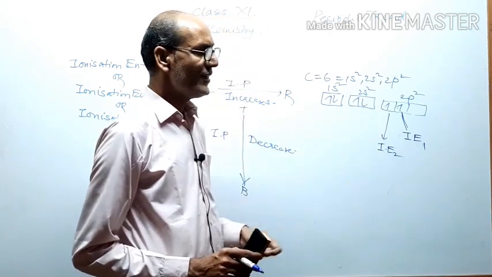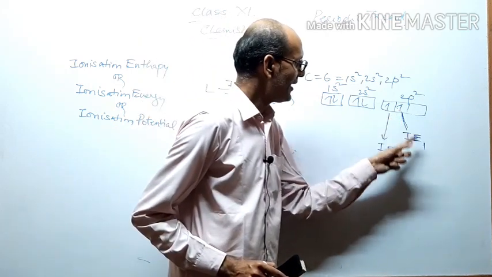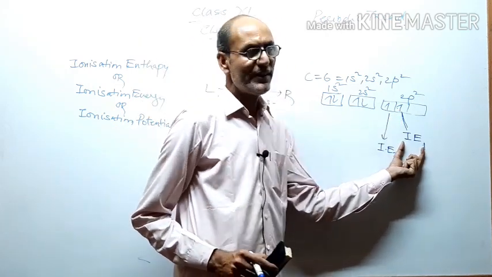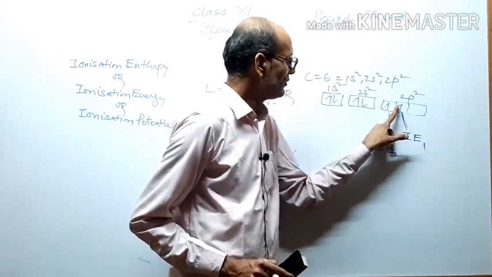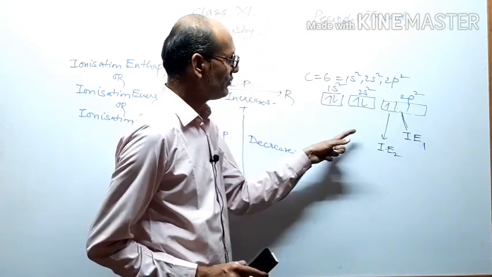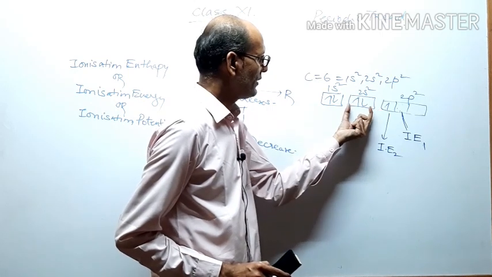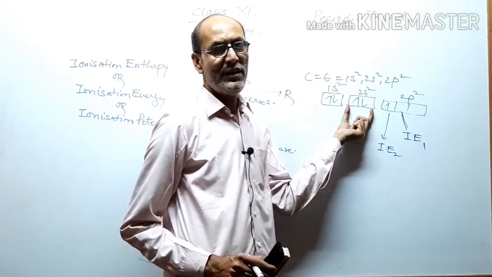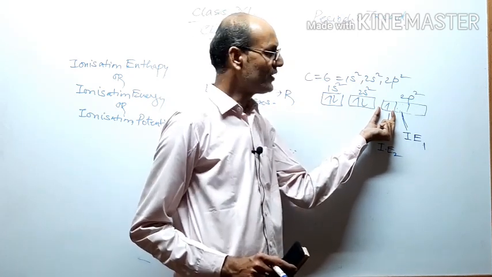Which will be greater, you can compare. When you remove this electron, some amount of energy you require to give to the atom, but after removing this electron you will be moving towards stability. So this electron will easily be removed from the atom.